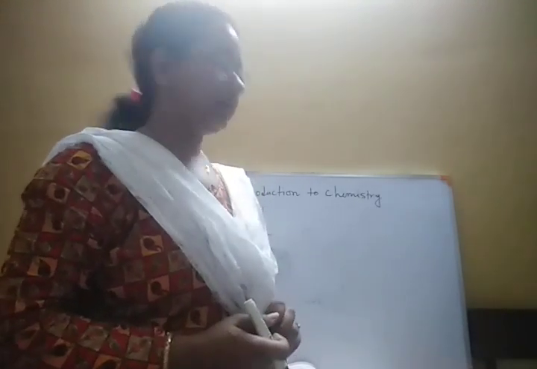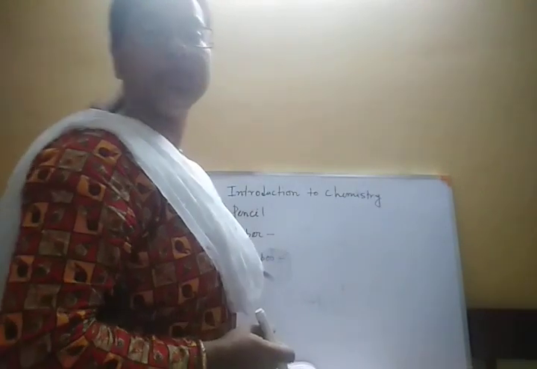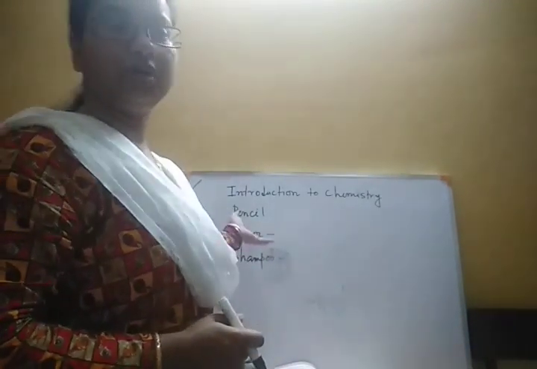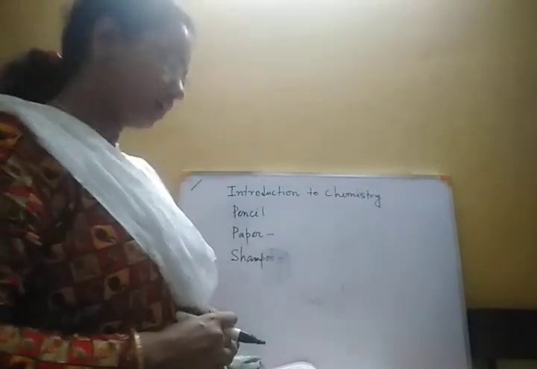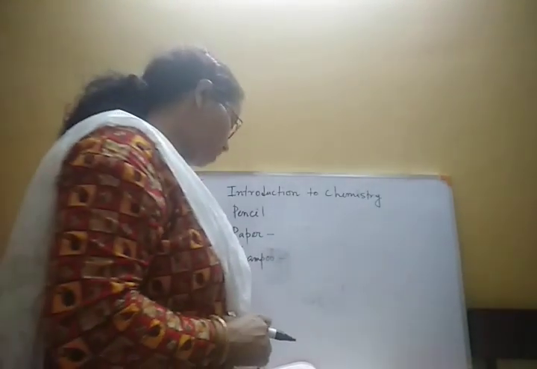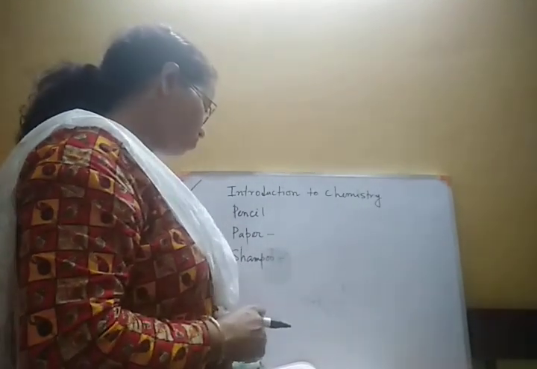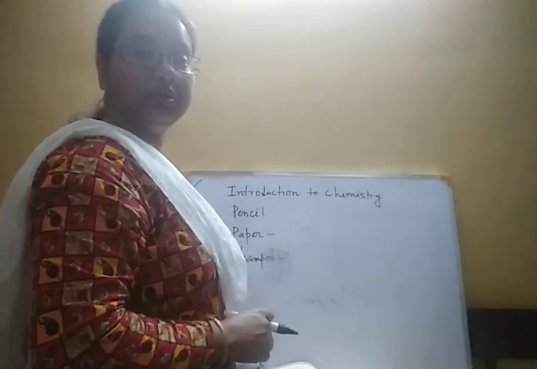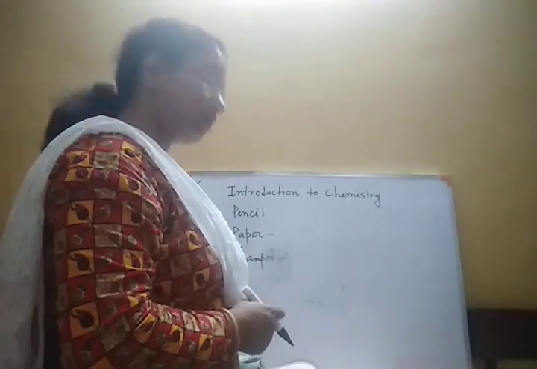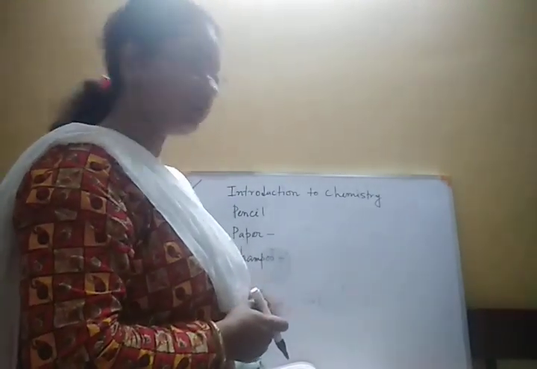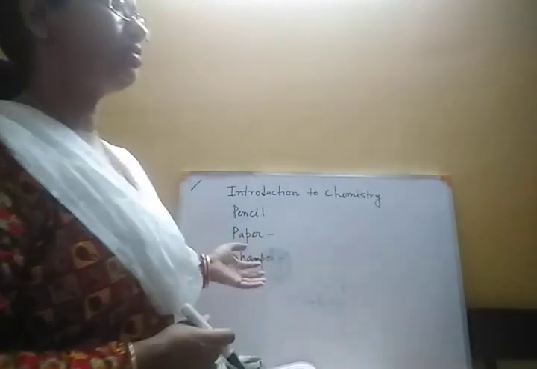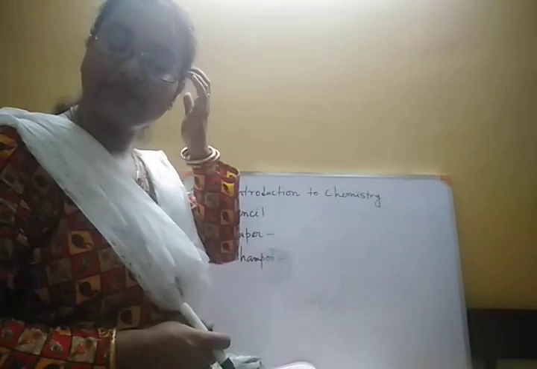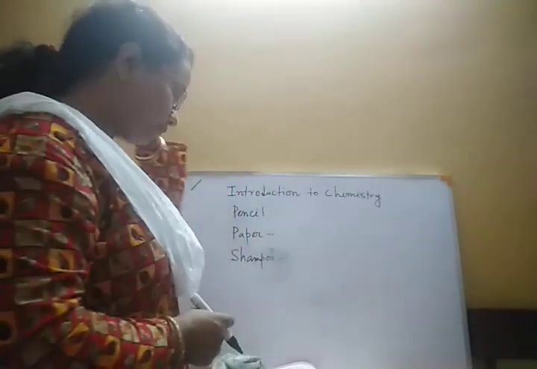Shampoo is nothing but a complex compound of sulfate. In shampoo we get sulfate compounds, and we use this for cleansing of hair. So sulfates are the main ingredient, the complex of sulfates which are there in shampoo.